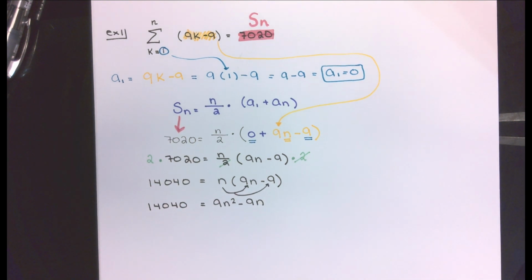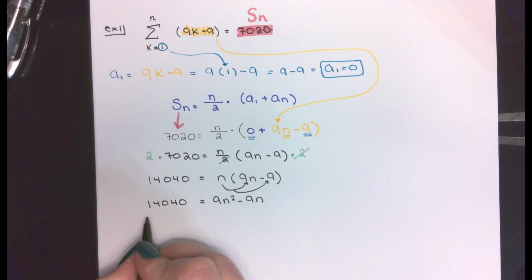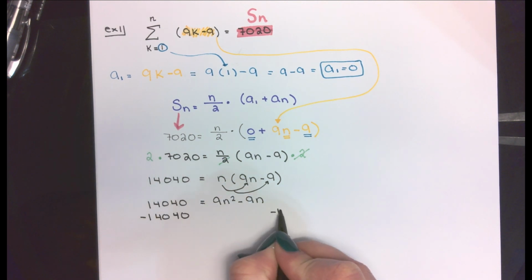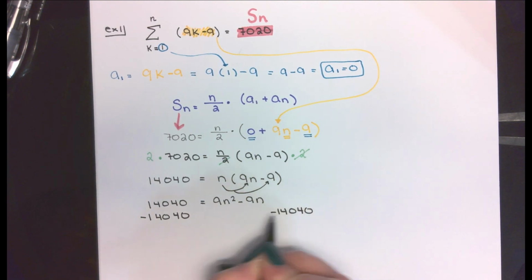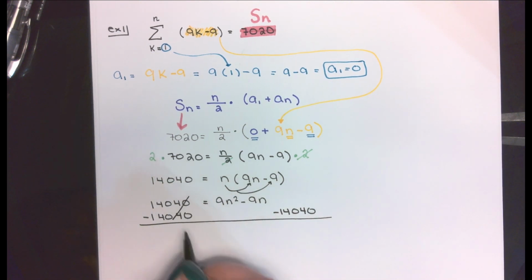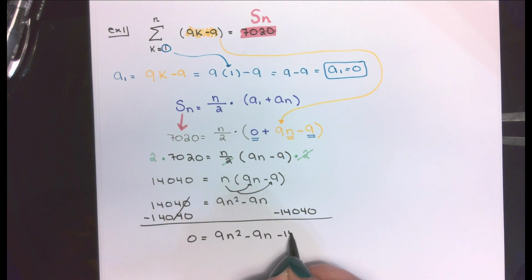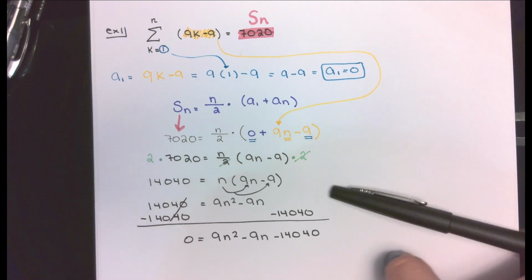And here, because we do have a quadratic, we're going to have to subtract this 14,040 from both sides. We have 0 is equal to 9n squared minus 9n minus 14,040. Now I'm going to take that 14,040 and divide by 9 and see if that gives me a good number, and it does.